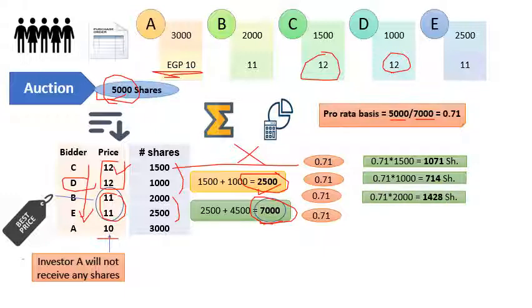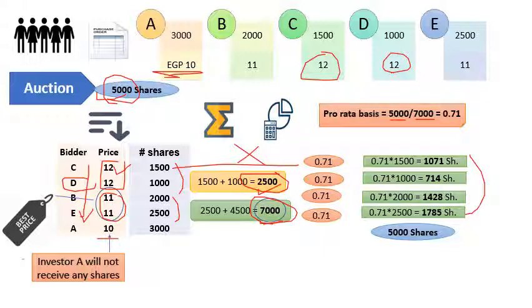Investor B will receive 1,428, and investor E will receive 1,785, which is calculated from multiplying 2,500 times 0.71. Of course, the summation of all shares allocated must equal 5,000 shares, which is the number of shares the company wants to sell.